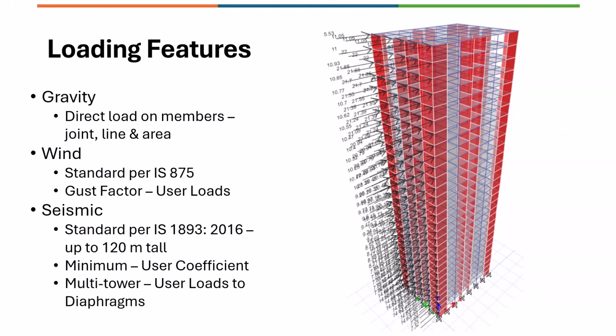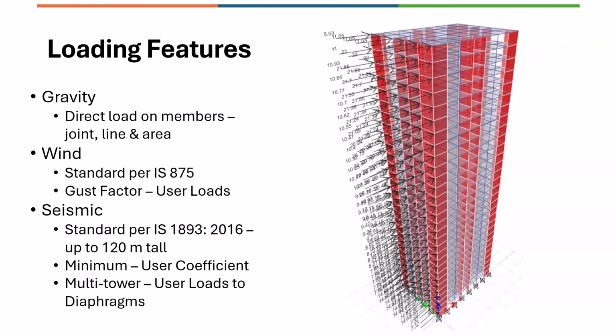Similarly, for the seismic, we have 1893 for up to 120 meter tall. We can use the minimum design base shear, similar to that of 1893. So you can use this 1893 base load pattern, automatic lateral load, for up to 120.